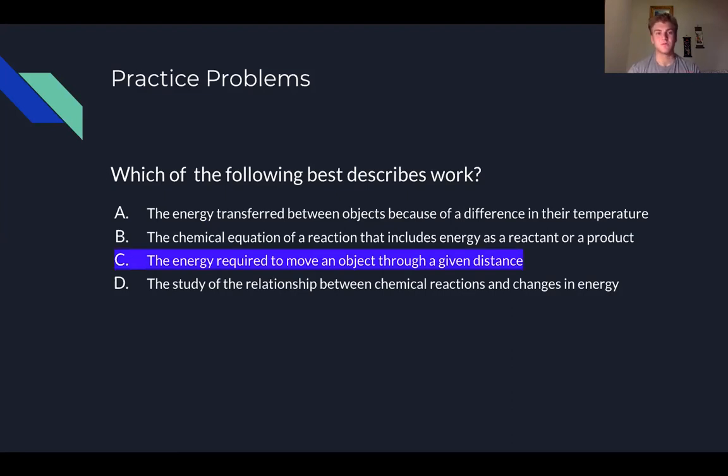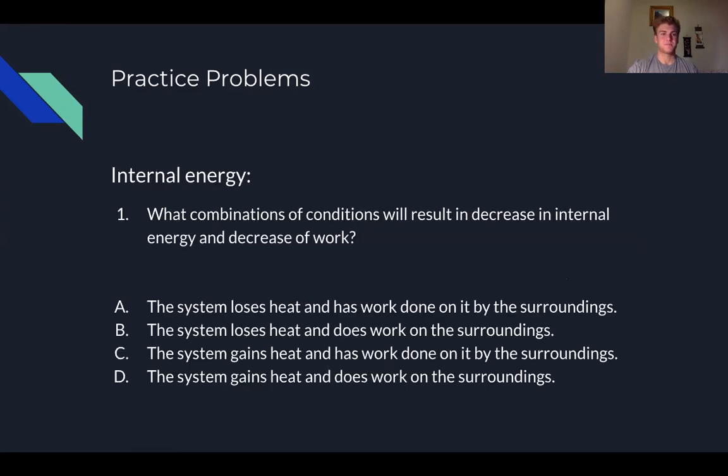Not too different from the heat definition. I mean, they're going to keep them pretty similar. So the energy required to move an object through a given distance. So that's work being done. Energy is being expended so that you can get an object from point A over to point B. So that is describing work for us. So hopefully you got that right. I'm going to move on to the next one.